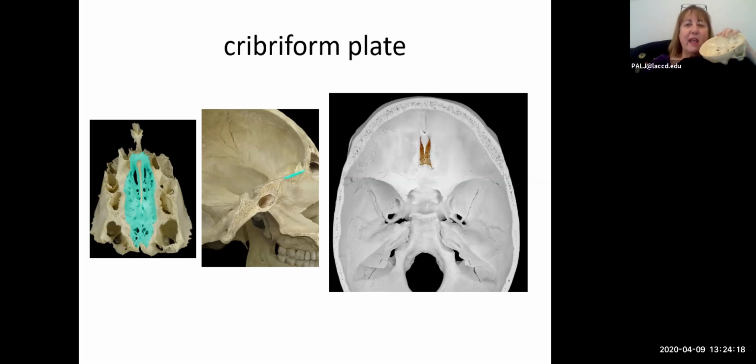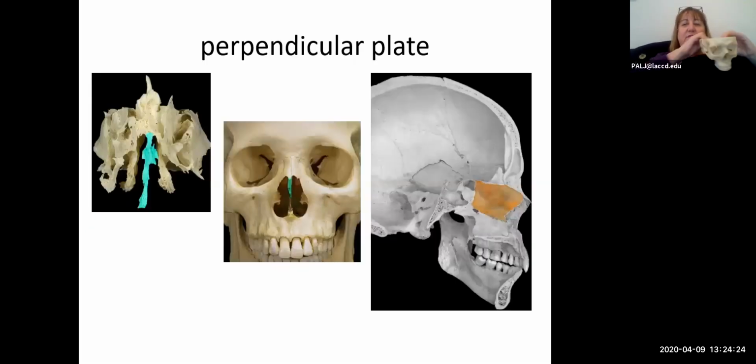Now, the next landmark is not visible from this view. However, it is visible if you look at the nasal cavity. And if you look at the nasal cavity, I think you can see a bone on the left side.